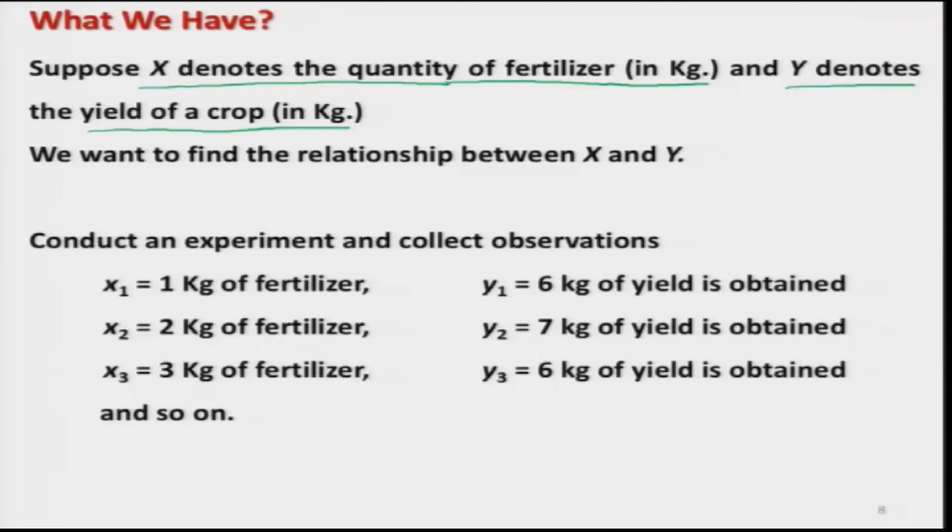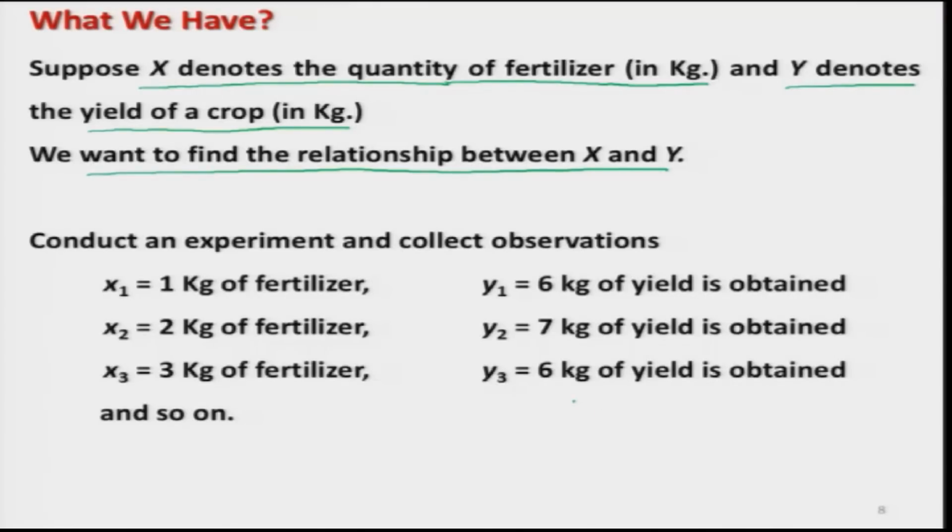We are trying to conduct an experiment and collect the data, so that we know what we have in our hand, and our objective is to find out the relationship between X and Y, that is the quantity of fertilizer and the yield of the crop.